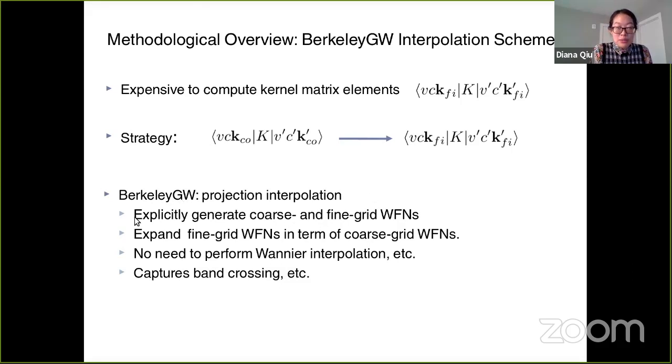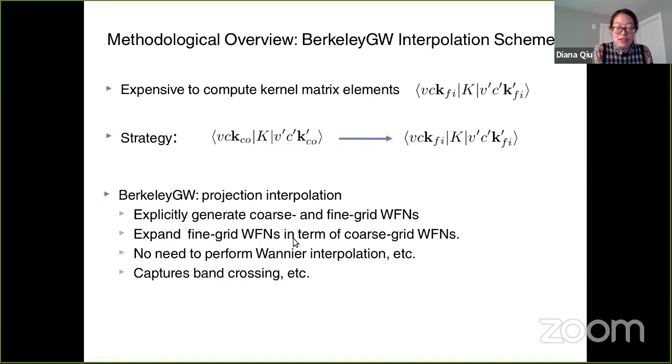What we do is we explicitly generate coarse and fine grid wave functions at the DFT level. When you go through this example, you'll be provided with DFT wave functions on a uniform coarse k-grid and on a uniform fine k-grid. And then we expand the fine grid wave functions in terms of the coarse grid wave functions.